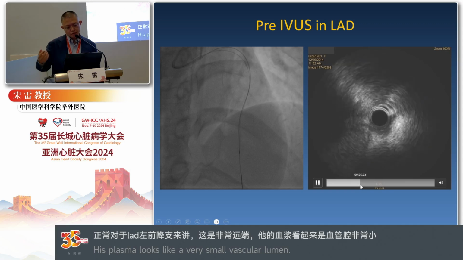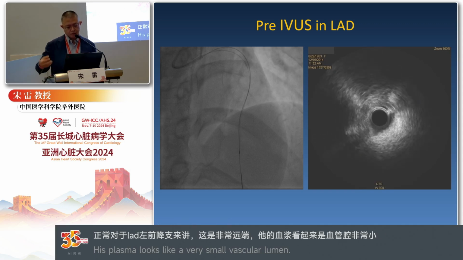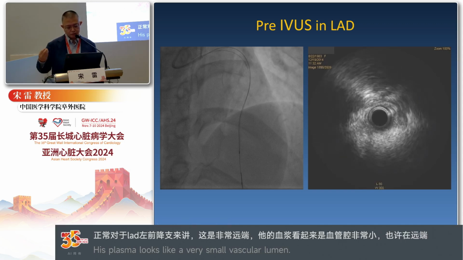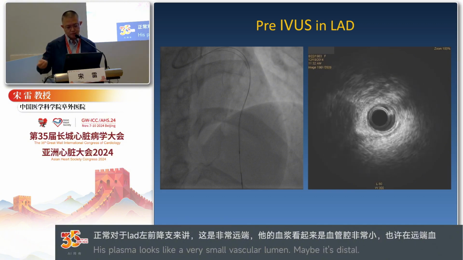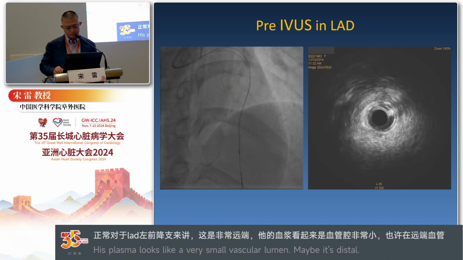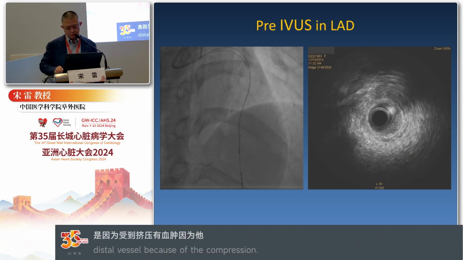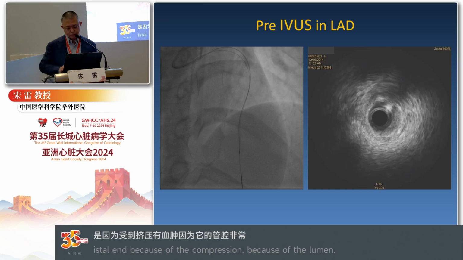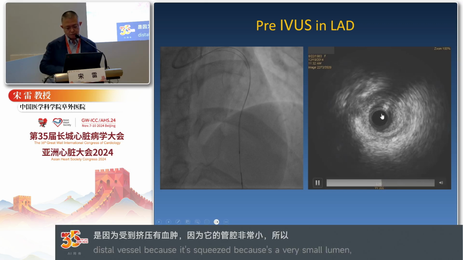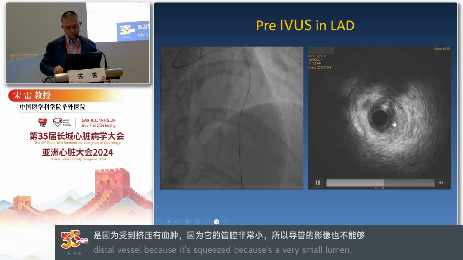In the very distal segment the vessel is also compressed by hematoma, and because the lumen is very small, the imaging cannot show a clear border between the hematoma and the lumen.